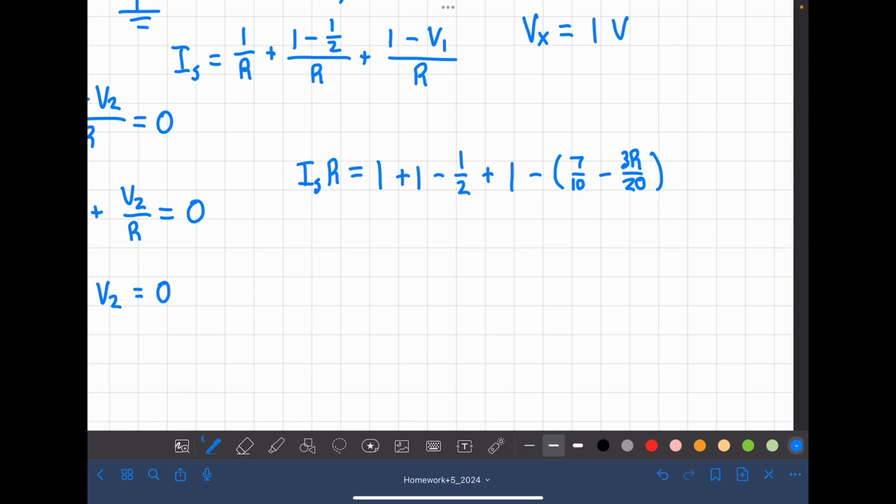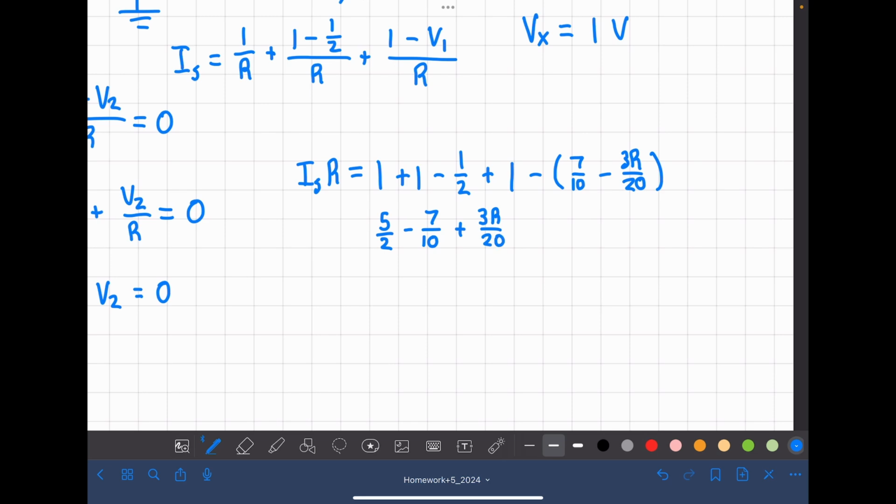Okay, so combining everything, we get 3 minus 1/2, so that's 5/2 minus 7/10 plus 3R over 20. 5 halves and 7/10.